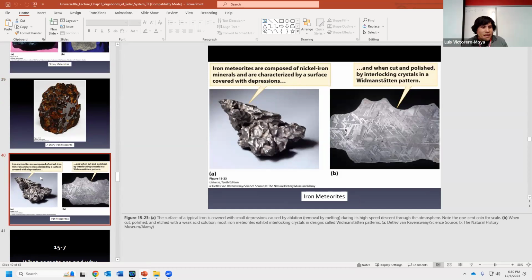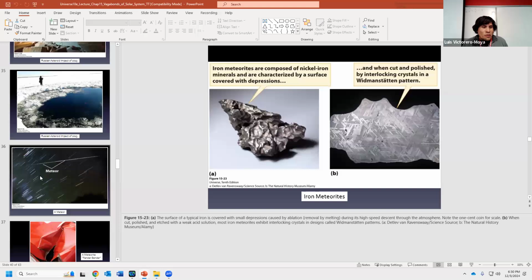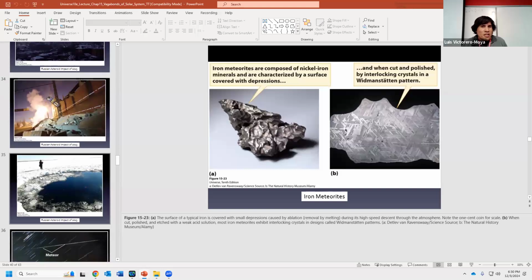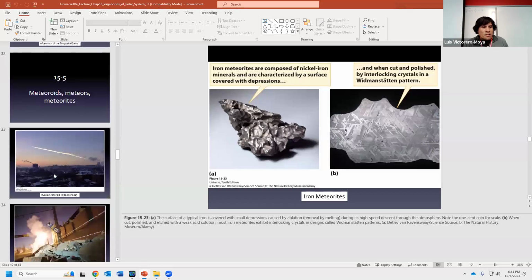So that's one way to put it. Remember that the north magnetic pole of the planet is located in the south. So the north magnetic pole is in the southern hemisphere and the south magnetic pole is in the northern hemisphere. A magnetic field goes from north to south. So if you follow the magnetic field lines, it makes sense that we find a lot of the meteorites in the northern hemisphere.